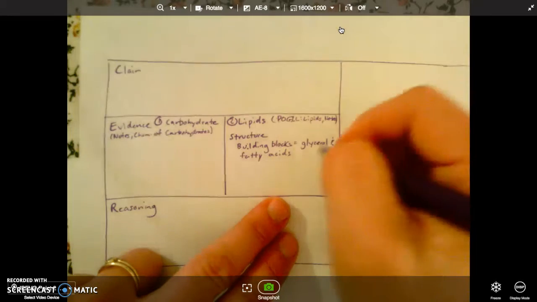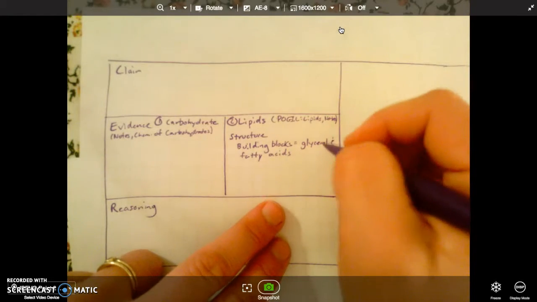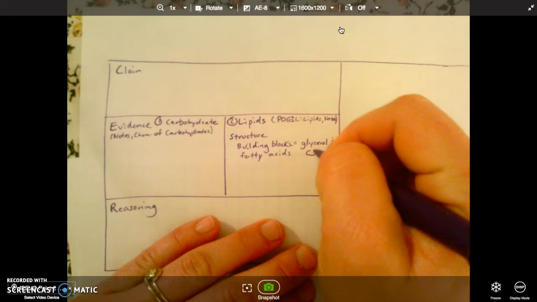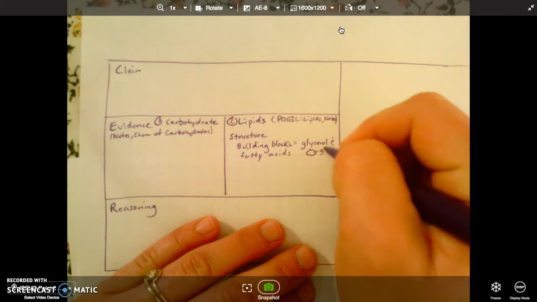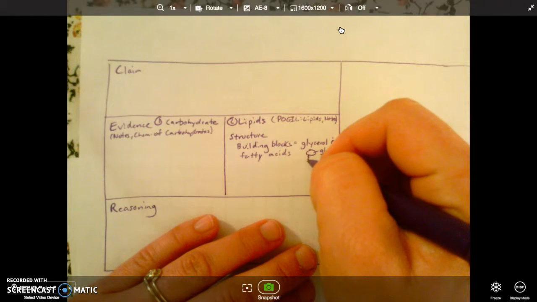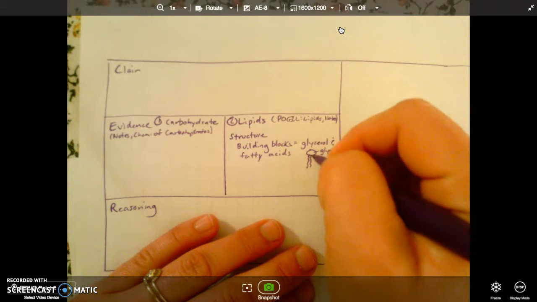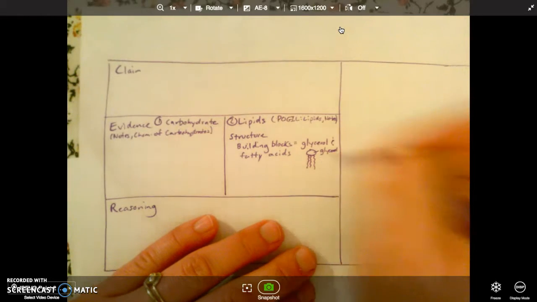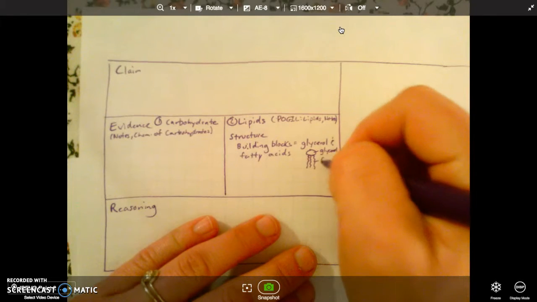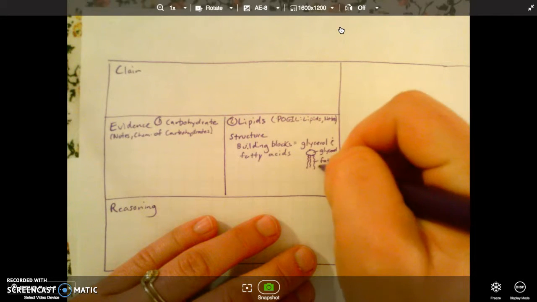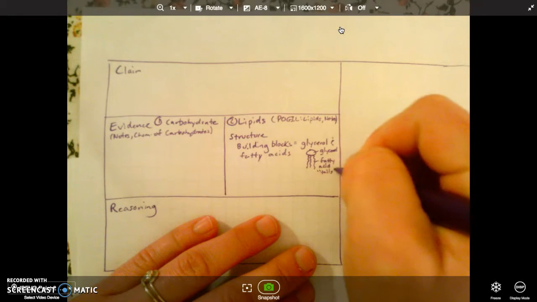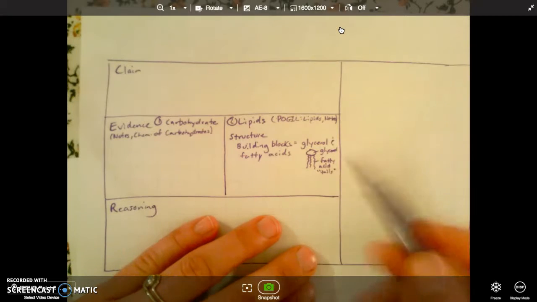I could try and draw from our very first model on the POGL, so it looks like one big glob, and that's going to be my glycerol. I don't need all the details. And then if we have a triglyceride, this kind of looks like a jellyfish. Here we go. These are my fatty acid tails. I'm just drawing out what I see.